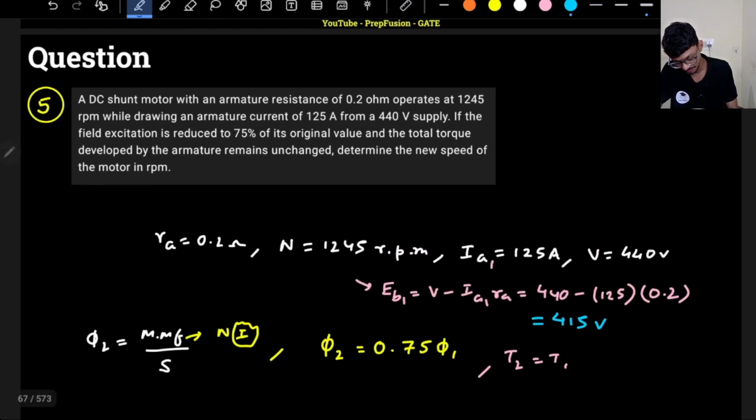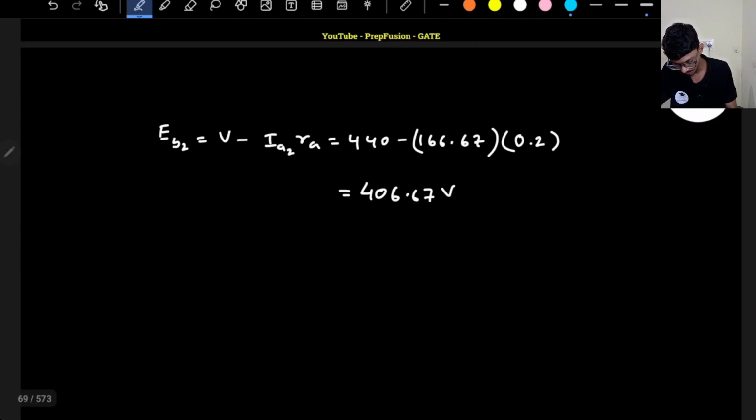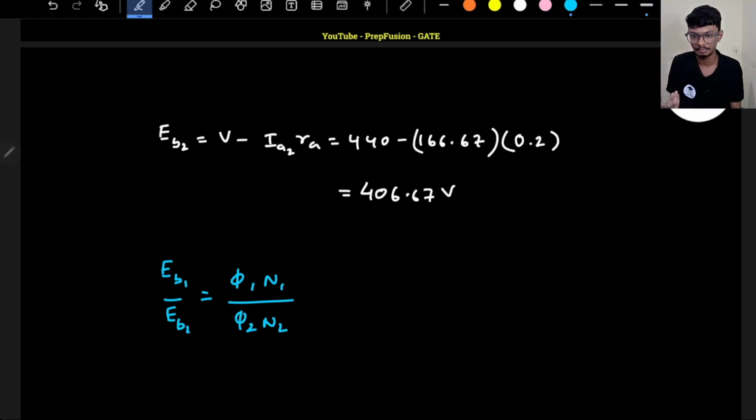The speed is 1245, so I can use the same formula, EB1 by EB2. Is it directly proportional to the speed anymore? No, because flux is also changing. So it will be phi 1 N1 divided by phi 2 N2, because back EMF is proportional to both the flux and the rotation speed.